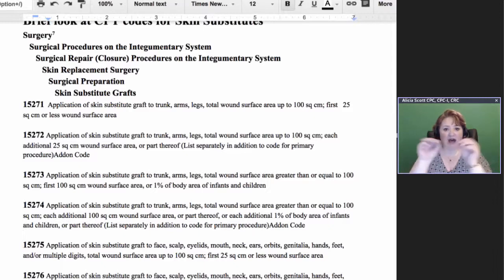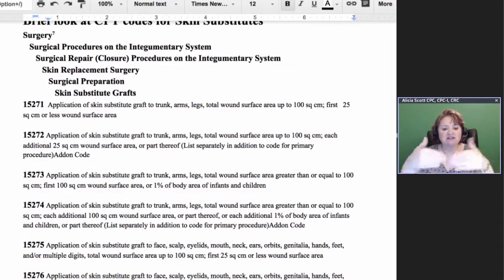So when you're bubble and highlighting, that's the part you're going to highlight: the trunk, arms, and legs, and 100 square centimeters, first 25 square centimeters or less wound surface area. Okay, those are everything that you need to know as a coder. Those things will be spelled out in the documentation for you.